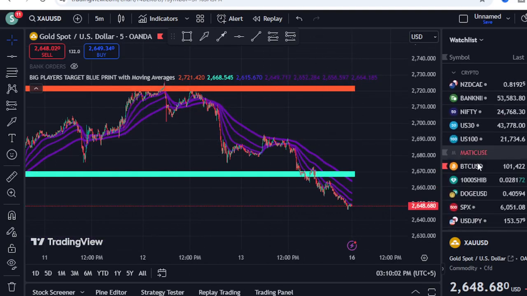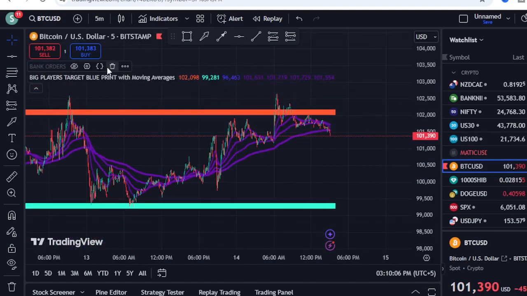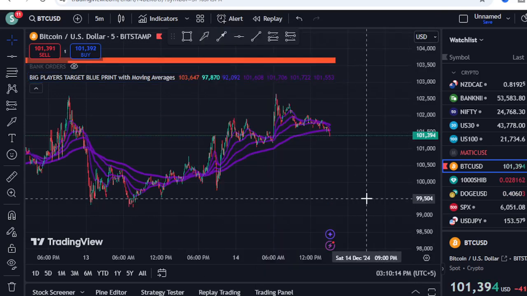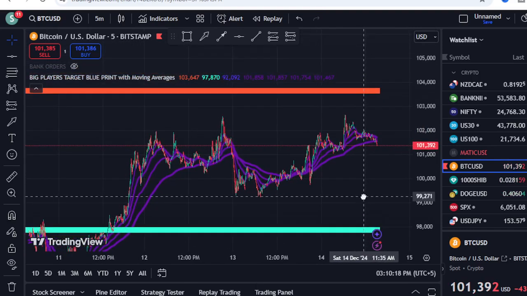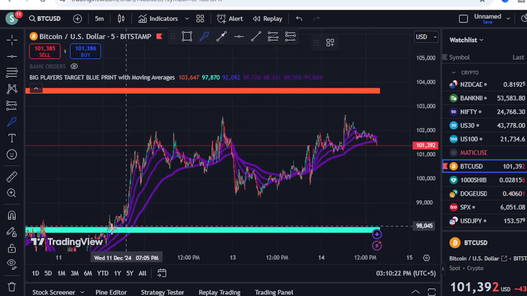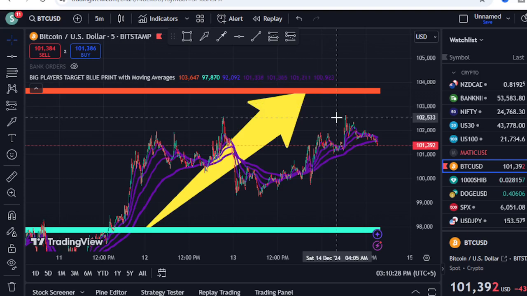Going back to Bitcoin, now let me show you the magic of the depths. If I go to the settings, and if you are a swing type trader, then you can choose depth 2, which I personally use, and I personally love it. Now you can see the levels are far away from each other. What is happening here is very simple: the price broke the green level, and then it was basically heading toward the red level.